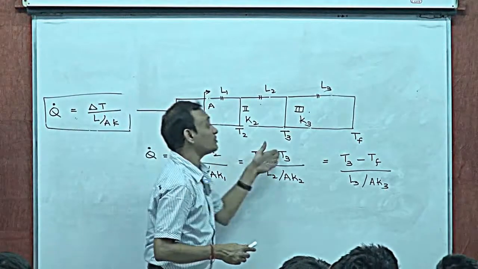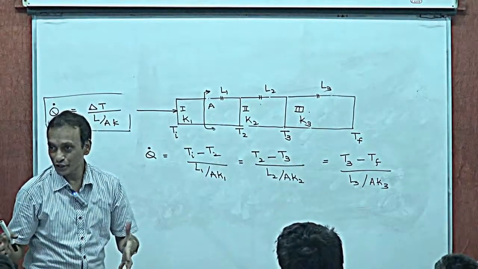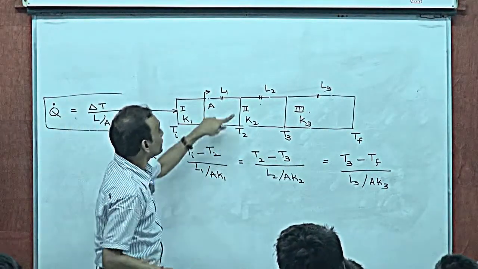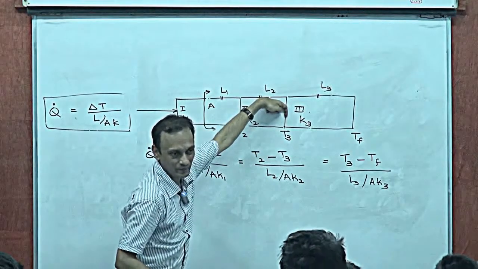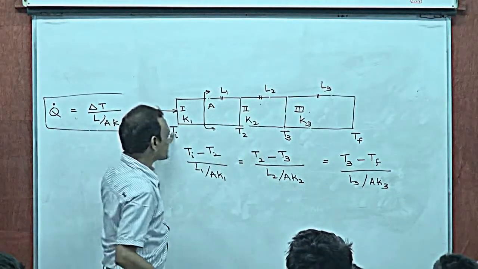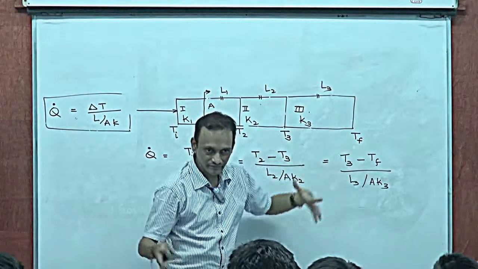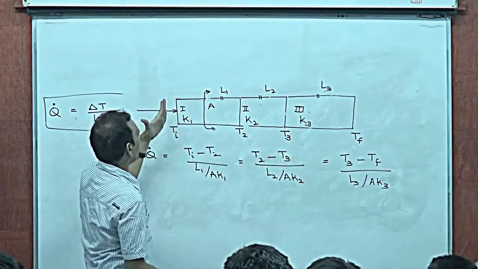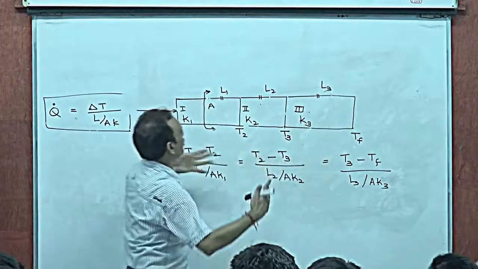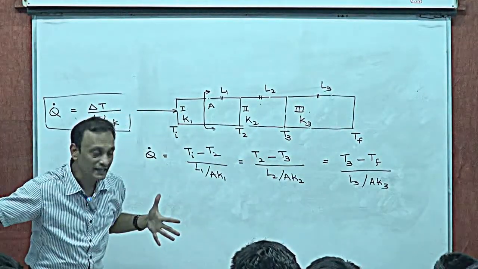Which is the same as the sum of the numerators divided by the sum of the denominators. Suppose I didn't want to deal with the interface temperatures T2 and T3, and was only interested in Ti and Tf, one single slab with end points at temperatures Ti and Tf and of length L1 plus L2 plus L3.